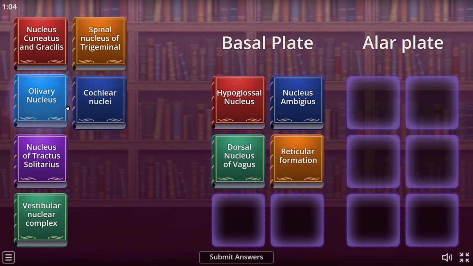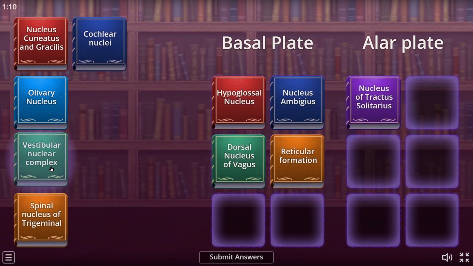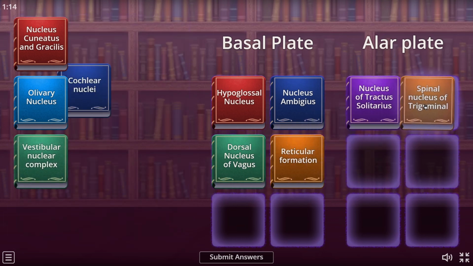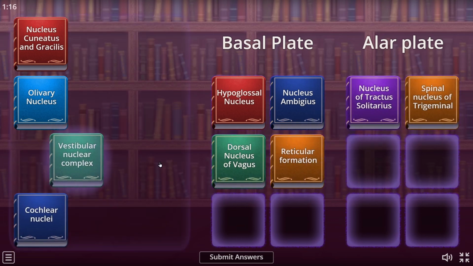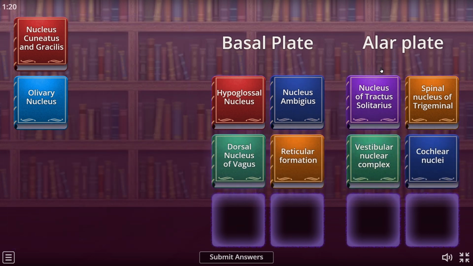Then if we talk about alar plate, we have nucleus of tractus solitarius. Then we have spinal nucleus of trigeminal, you remember that. Then we have vestibular nuclear complex and cochlear nuclei, also derived from alar plate.